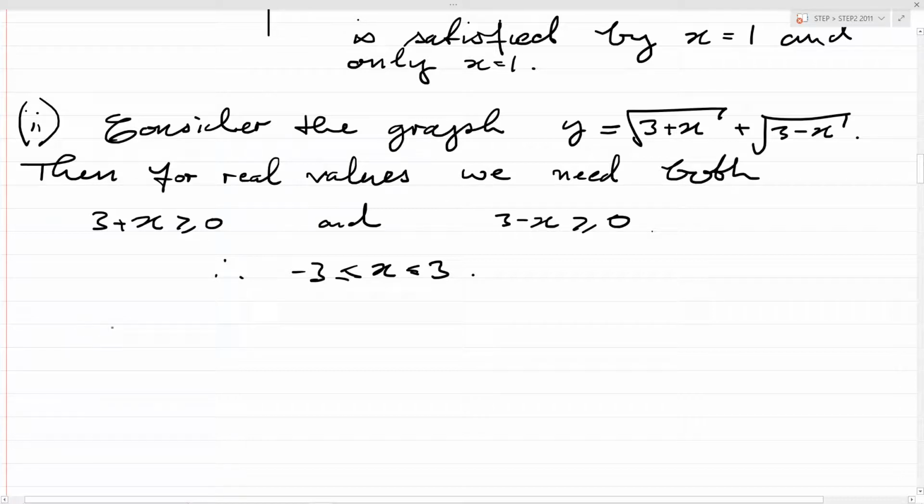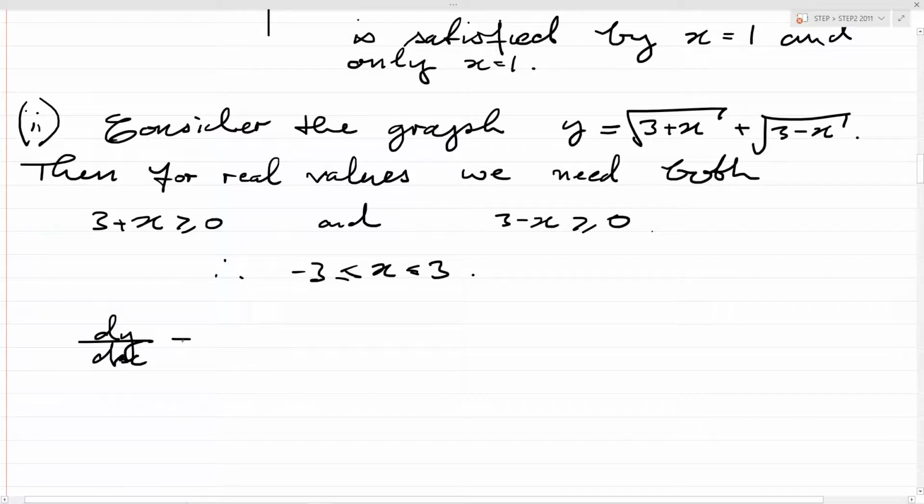Having that in mind, then we know that it's going to have maybe an inflection point or a stationary point. So we can see immediately, though, that obviously it's going to be 3 here. If x is going to be 3, we're going to get 0, and then 3 plus 3, which is root 6. So it's going to go from root 6, go up or down. We don't know which, so let's just calculate the gradient function again. Just simple calculus.